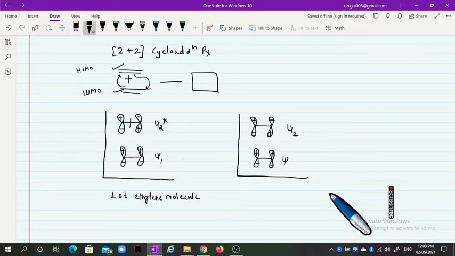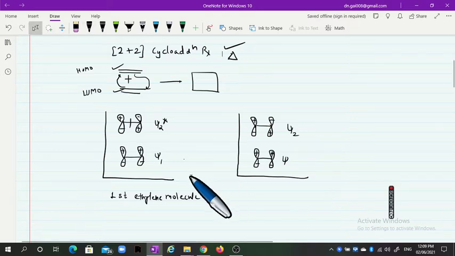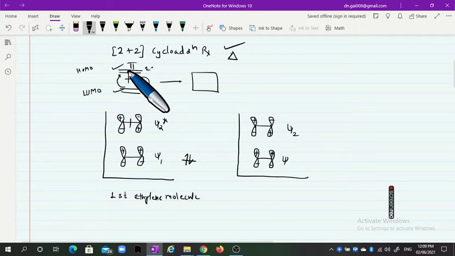First we consider the thermally induced 2 plus 2 cycloaddition reaction. What does thermally induced mean? In the first ethylene there is only one pi bond, therefore it is a 2 electron system.